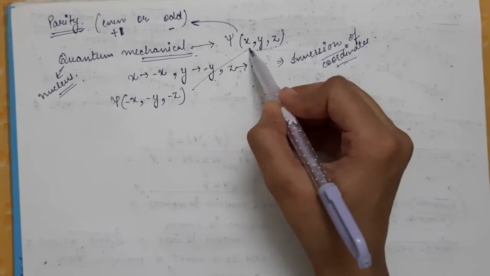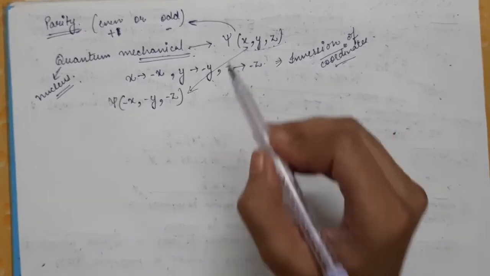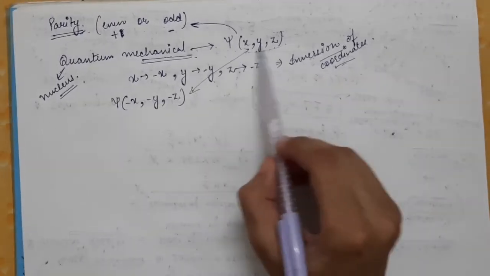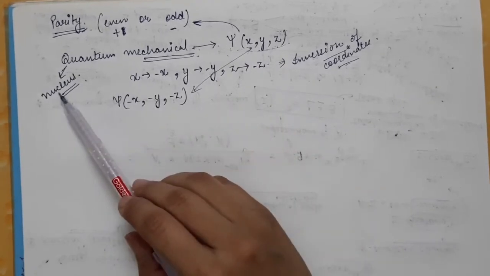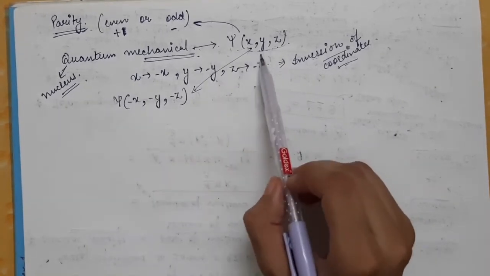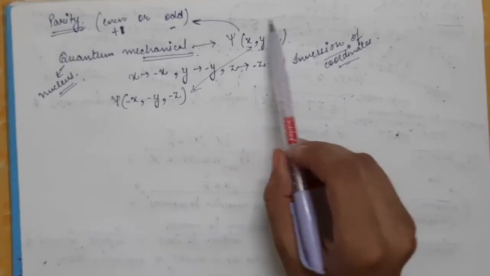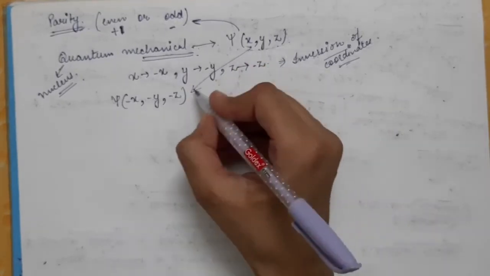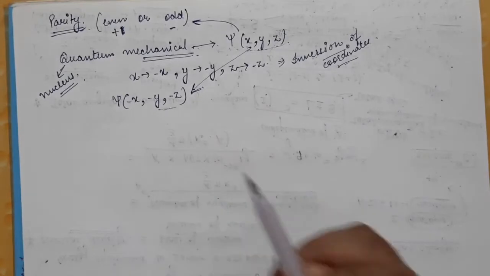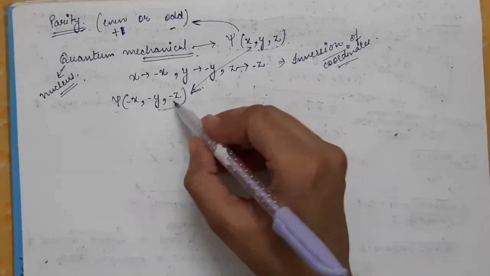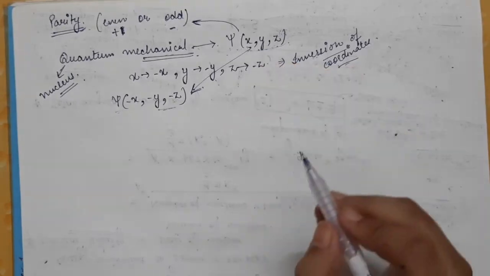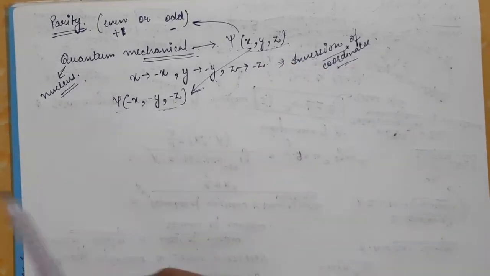So now we have two wave functions. First is the initial wave function, which is the actual wave function of the nucleus, and then we inversed the coordinates in this wave function, and we get another wave function, which is represented by this. So what is the relation between these two wave functions? That will decide the parity.